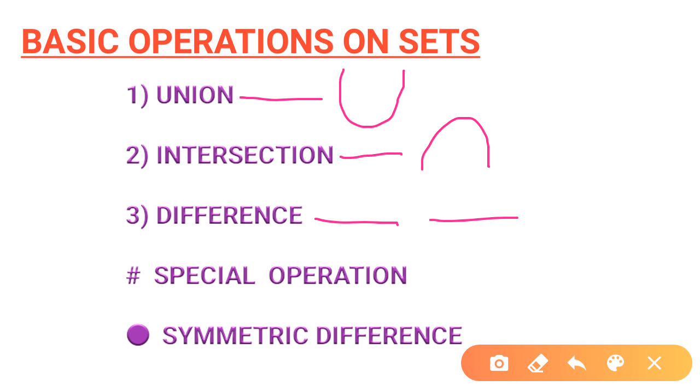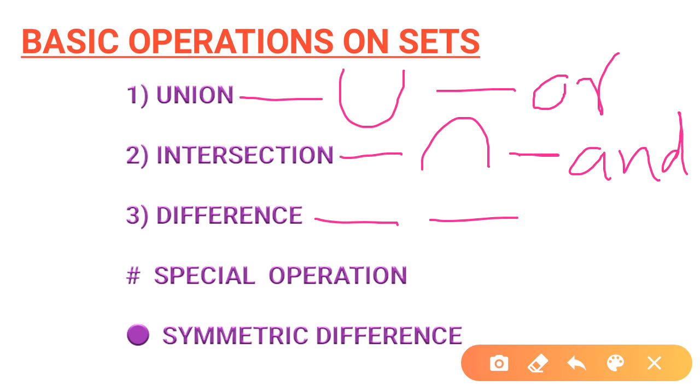If we use words, for union we write "or" only, for intersection "and", and difference means difference only, right? So union means "or" in words, intersection means "and", and difference means difference only.